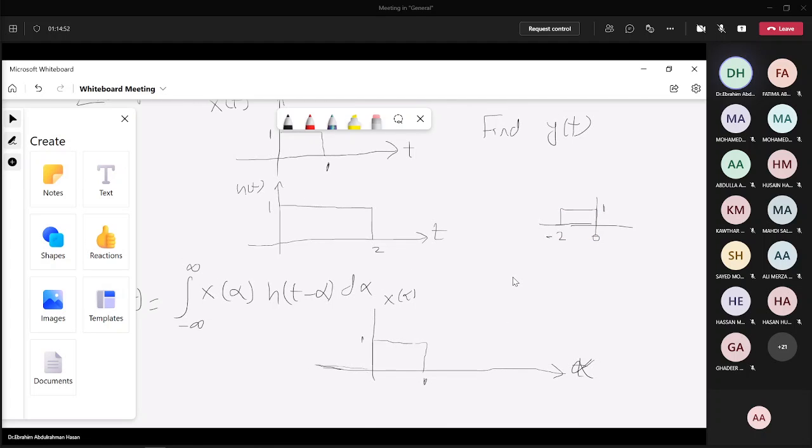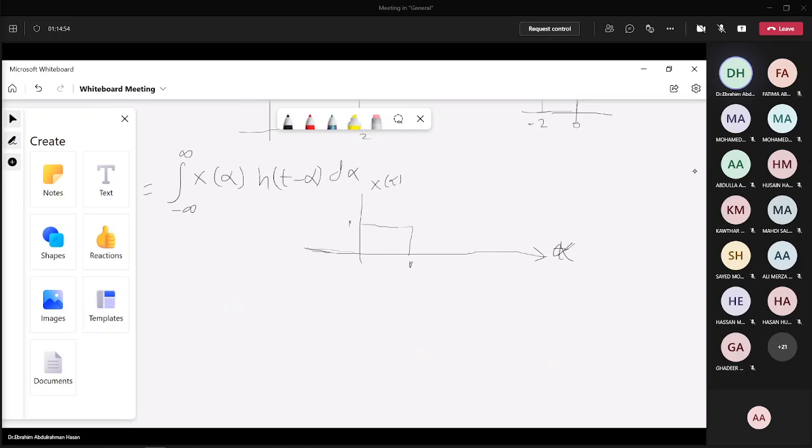So it becomes like this. This is h of alpha. If you shift it, then it becomes here. So this one will be at t, and when we shift it, this edge will be at t minus 2. This is 1.